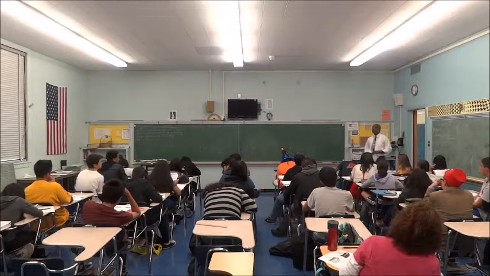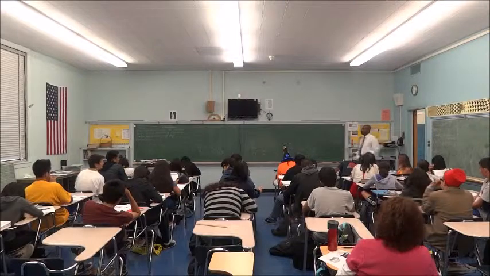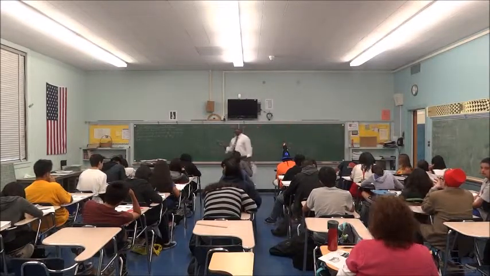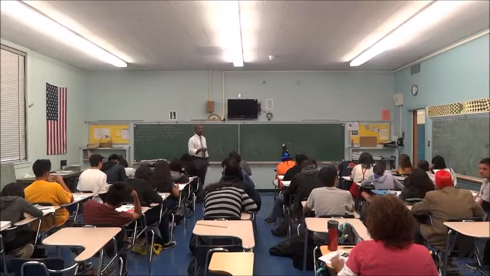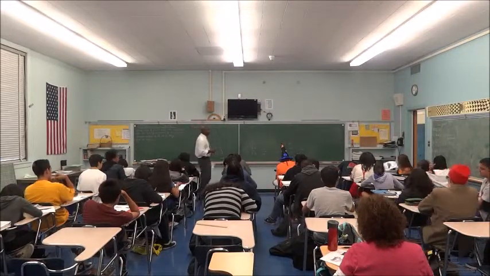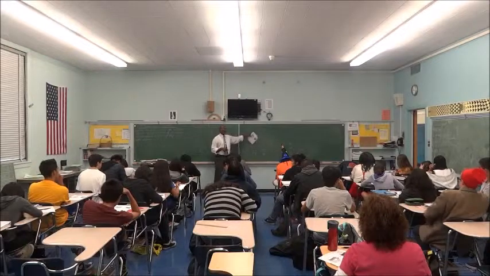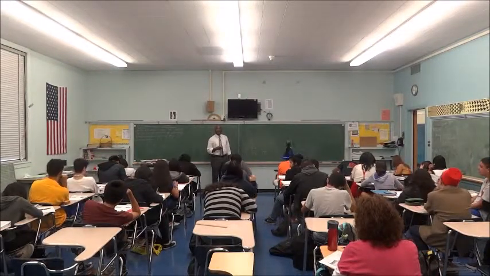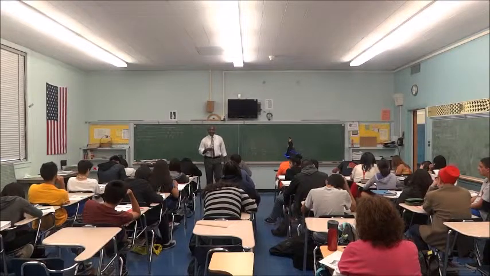Did everyone hear that? These figures are similar. That's what similarity is. But let's not stop there. What could you imagine about the angles? Yes. The angles what? Are congruent.